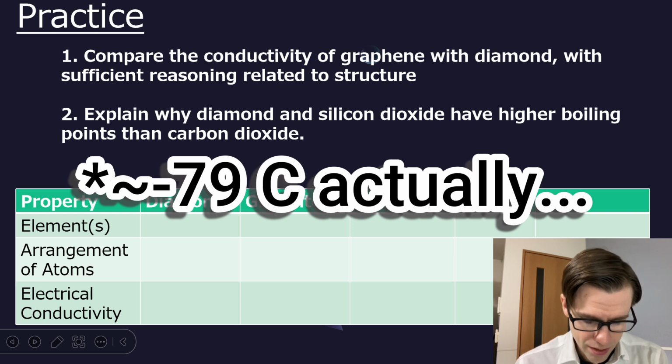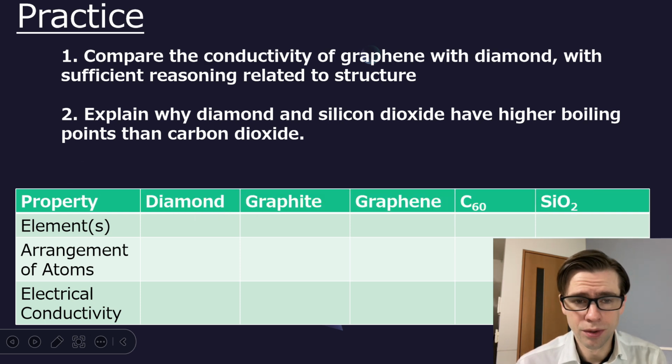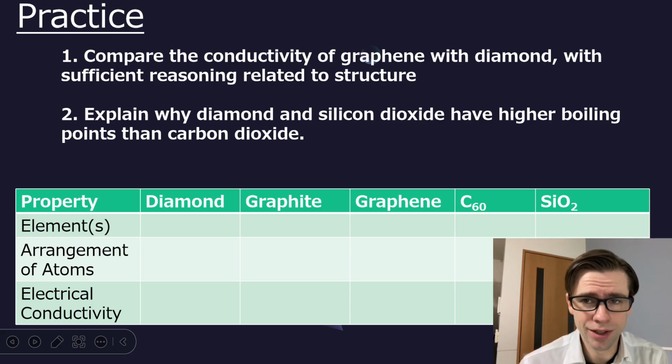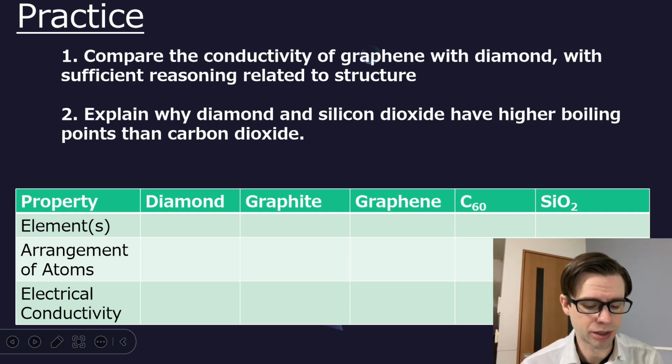But normally carbon dioxide is a lightweight, low London force, no permanent dipole molecule that would only be held together by intermolecular forces. The covalent bonds within it, the carbon-oxygen double bonds, only exist between the atoms in the structure, not as intermolecular forces, so its boiling point is low.